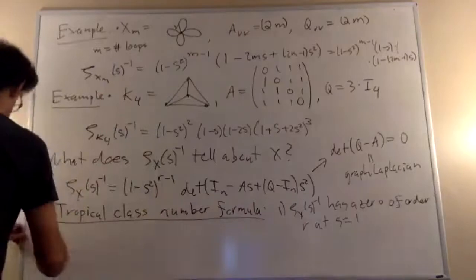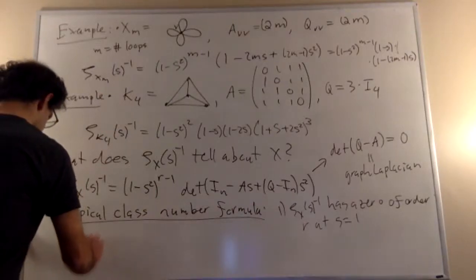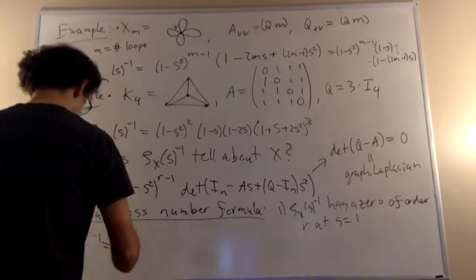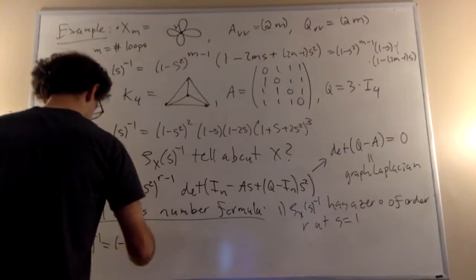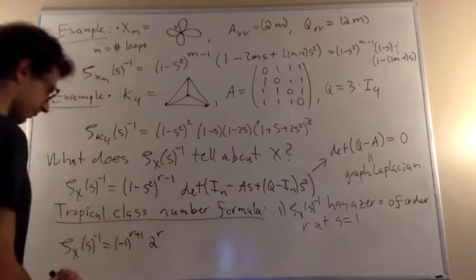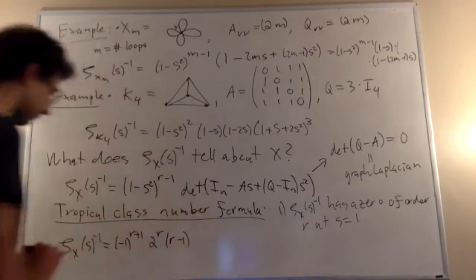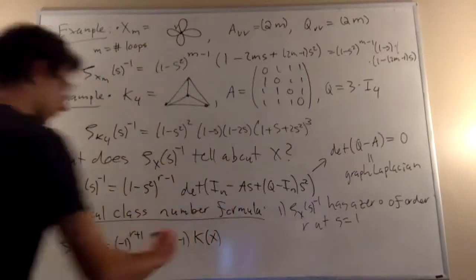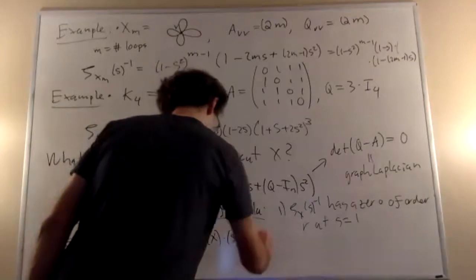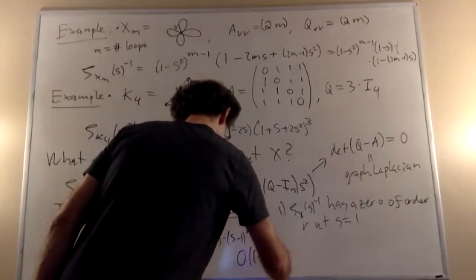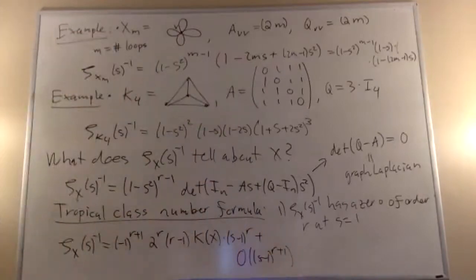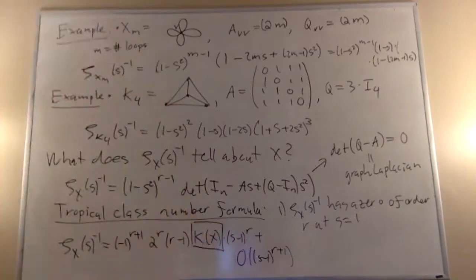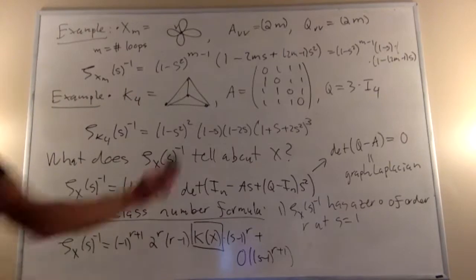And so the answer is that zeta_X(s) inverse is equal to (-1) to the r plus 1, times 2 to the r minus 1, times a quantity called k of X, times (s minus 1) to the r, plus o((s minus 1) to the r plus 1). And so what this k of X is, I'm going to have to move maybe up here.